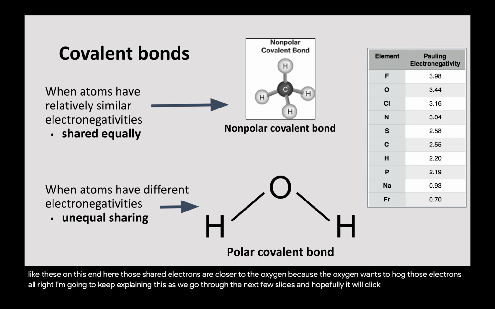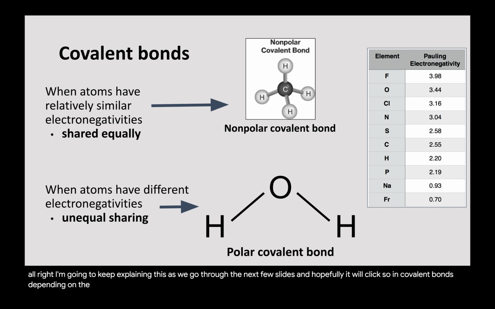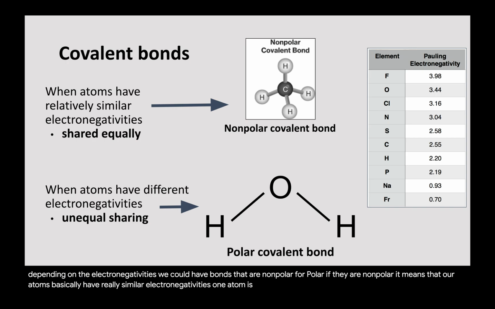In covalent bonds, depending on the electronegativities, we could have bonds that are nonpolar or polar. If they are nonpolar, it means our atoms have really similar electronegativities. One atom is not hogging the electrons more than another.